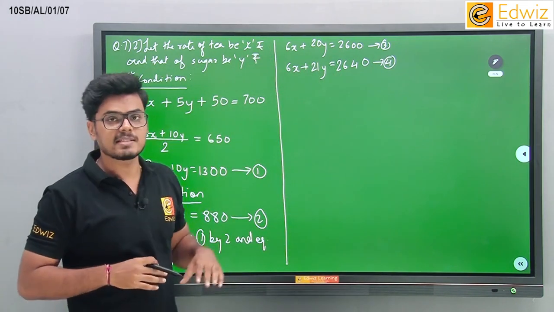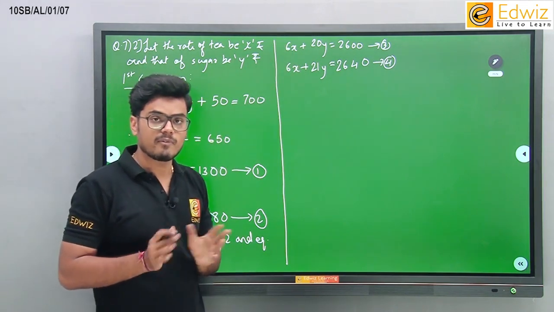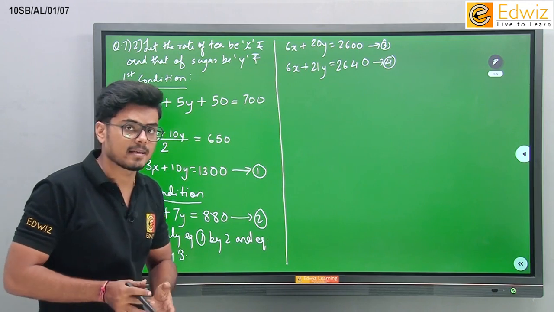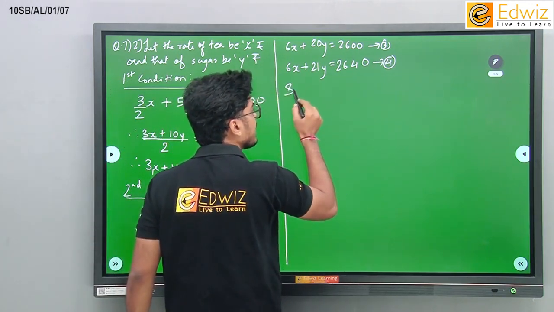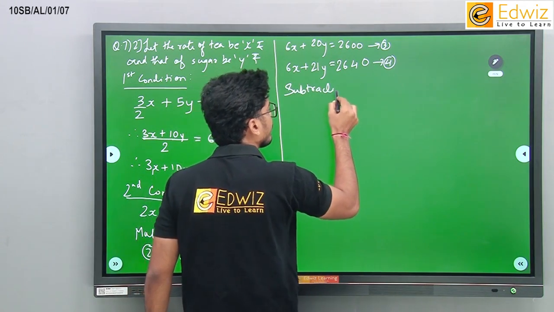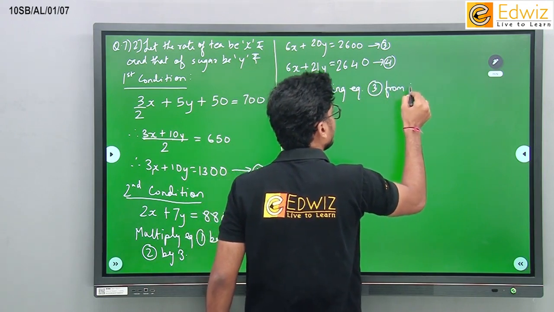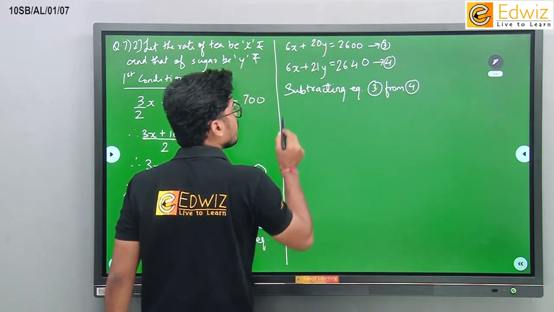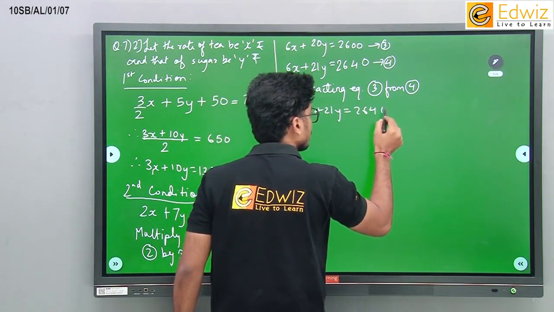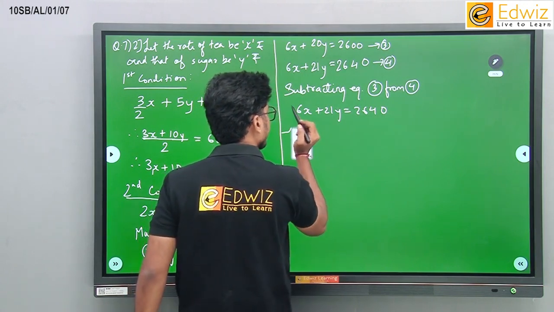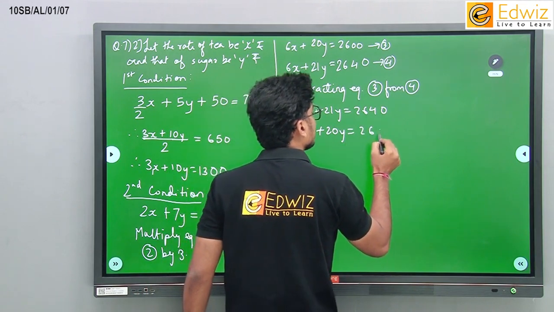Once we make the coefficient the same, in the elimination method we have to eliminate the value of x. So we will subtract them. Subtract equation 4 from 3 or 3 from 4. Subtract equation 3 from 4. So since 3 from 4 is said, first the fourth equation comes: 6x plus 21y equal to 2640, minus 6x plus 20y equal to 2600.